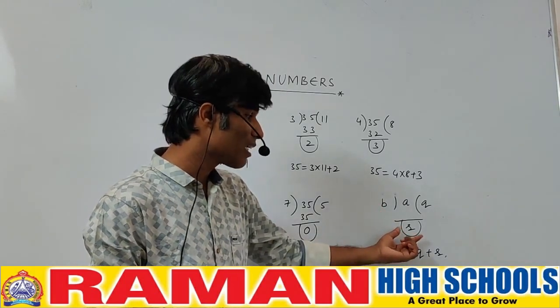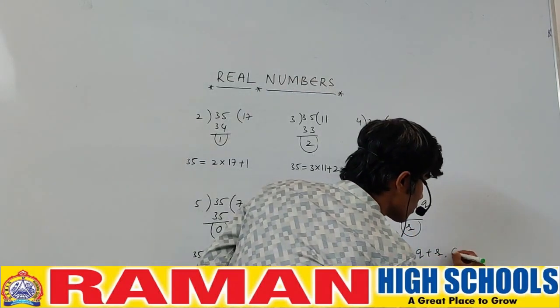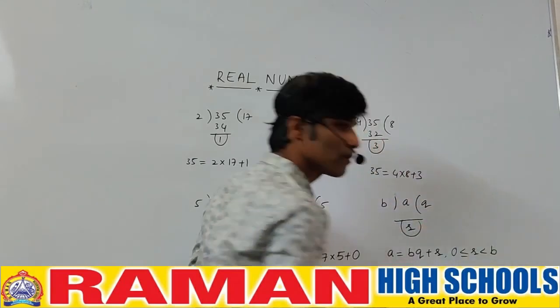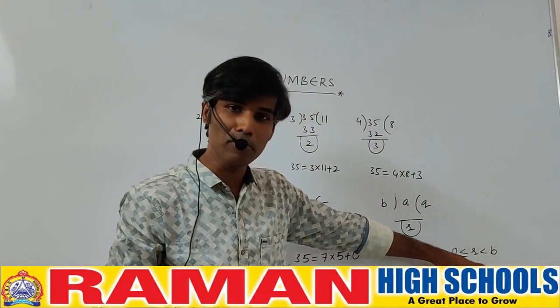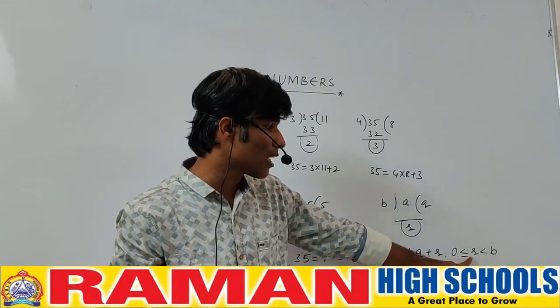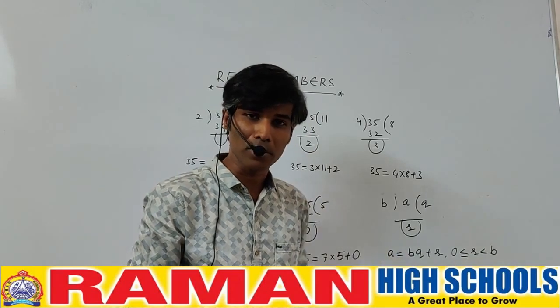Therefore, we can write a condition on this remainder. The condition is 0 less than or equal to R less than B. This is the best condition you have to observe in your lower standards. The condition is 0 less than or equal to R less than B. This is an important condition in respect of objective examination.